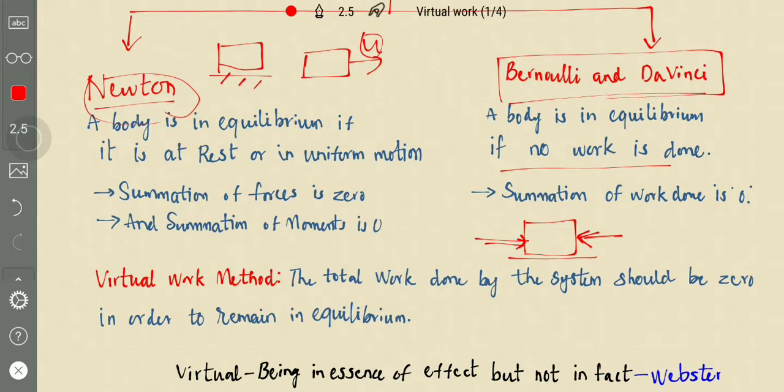According to Bernoulli and Da Vinci, the work done by this and the work done by this, the summation of the work done, will be equal to 0.